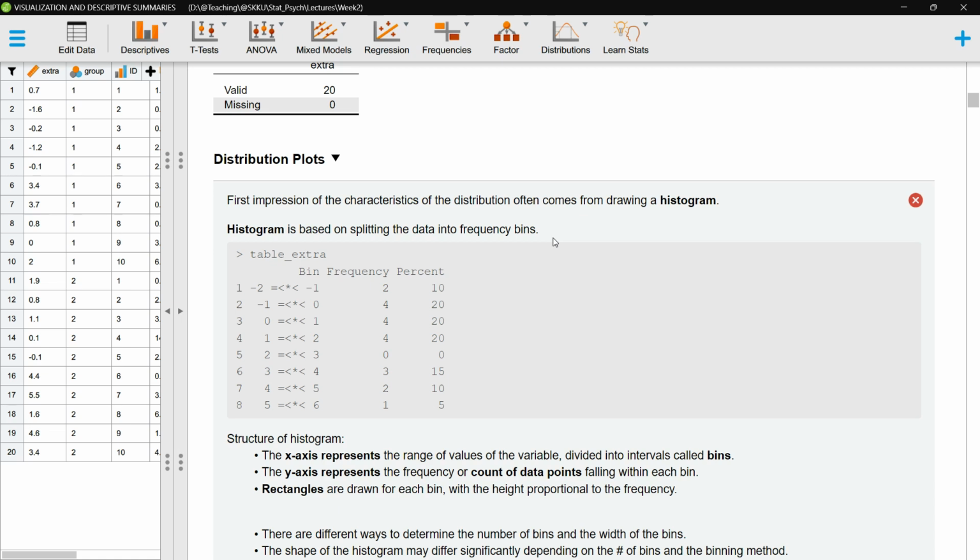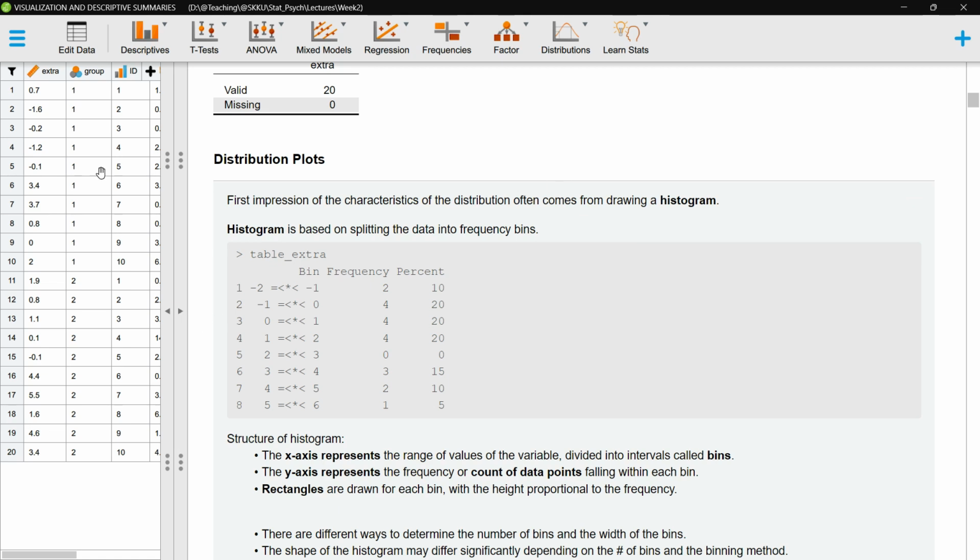Remember that for a categorical variable, to create the frequency table, we need to count the number of observations for each category. But in the case of a quantitative variable, because we don't have categories, we have to create the categories, like interval bins, across the range of the variable.